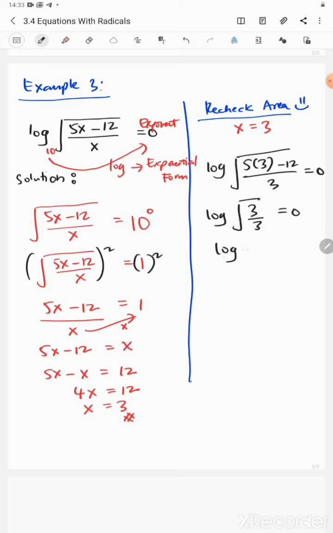Now 3 divided by 3, we get 1. Square root 1, we get 1. You can press your calculator: log 1 is actually equal to 0. So I will write the short form after this, TS, true solution. Alright, that's all. Okay, this is example 3.